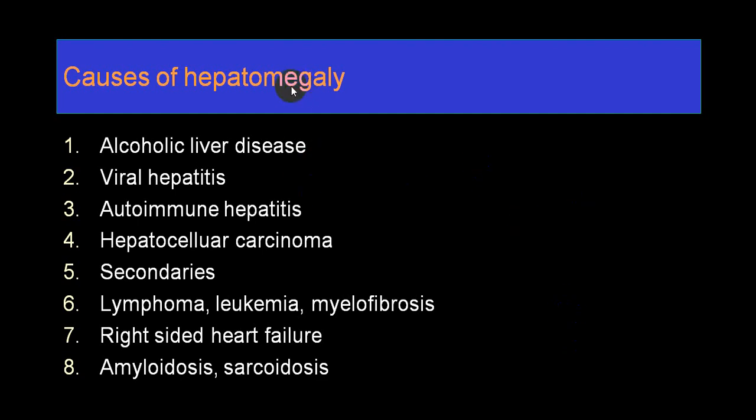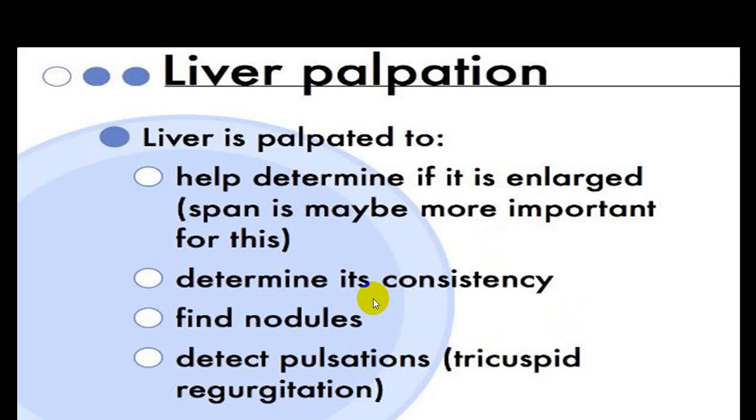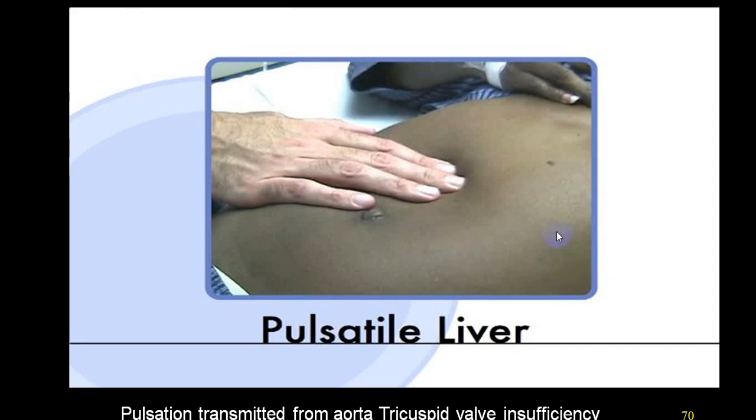We already mentioned the big liver can be in alcoholic hepatitis, viral hepatitis, hepatocellular carcinoma, secondary metastasis, congestive heart failure, autoimmune hepatitis, amyloidosis, sarcoidosis, myelofibrosis, leukemia, lymphomas, malaria, kala azar, etc. So try to remember all those conditions, very frequently asked in your oral.